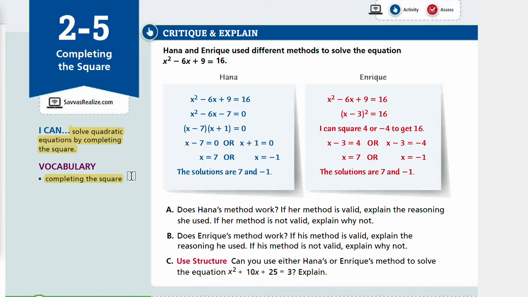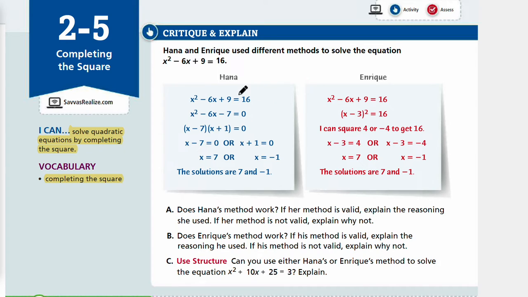Hannah and Enrique use different methods to solve the equation x squared minus 6x plus 9 equals 16. Let's see. So they start with the same equation, right? And let's look at their steps.